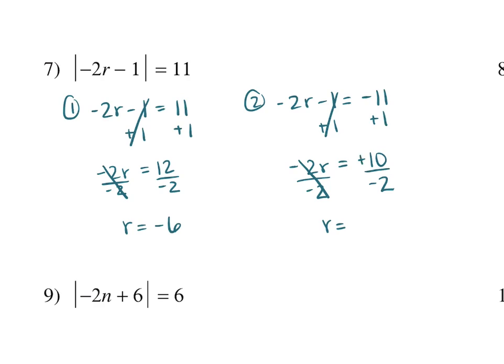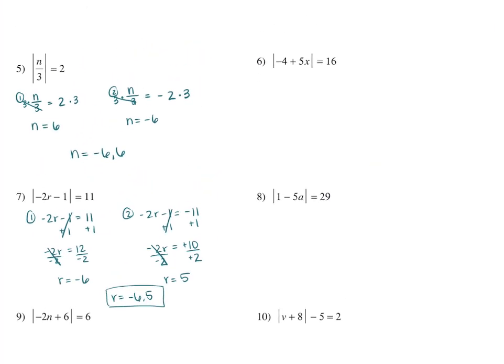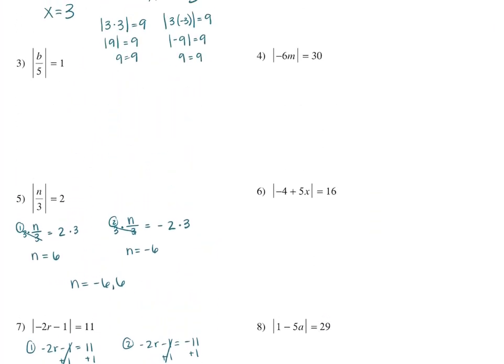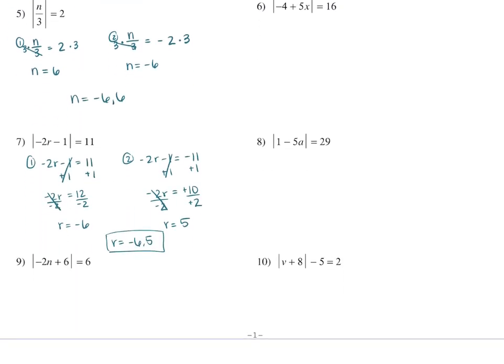A negative divided by a negative makes it positive. 10 divided by 2 is 5. So r can equal negative 6 or 5. Okay, so for the rest of this video, I want y'all to try and solve the right-hand column. So 2, 4, 6, 8, and 10.